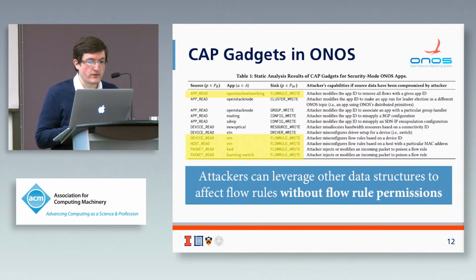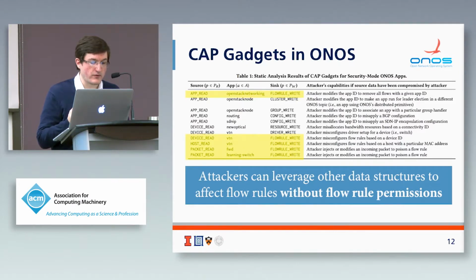When we analyzed this for ONOS, we found that there are several instances where the sink is a flow rule write. These applications require the flow rule permission to be able to write to the network, but other applications can then influence the data structures that these apps that do have this permission read from. And we found several cases where that occurred.